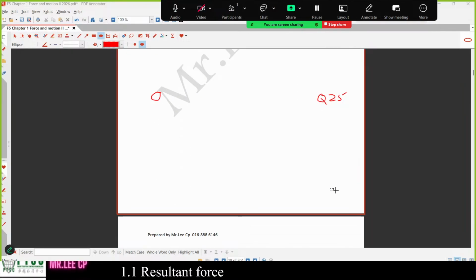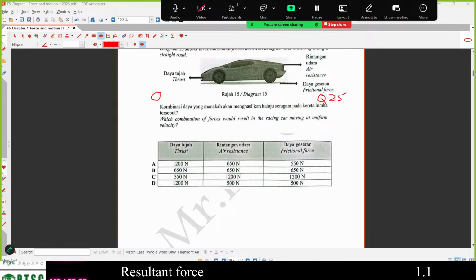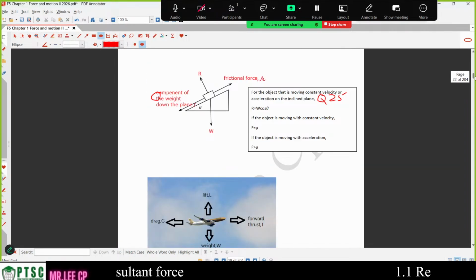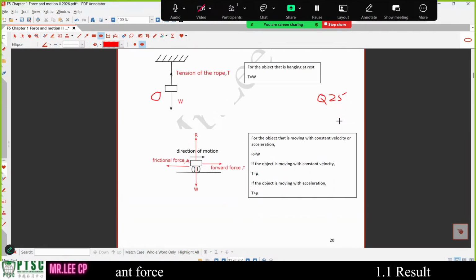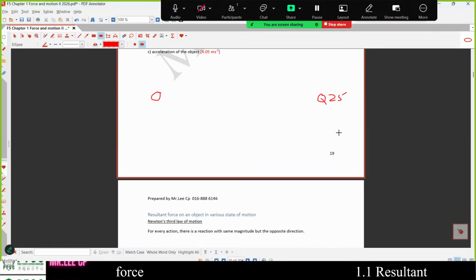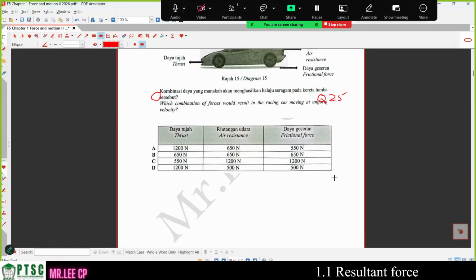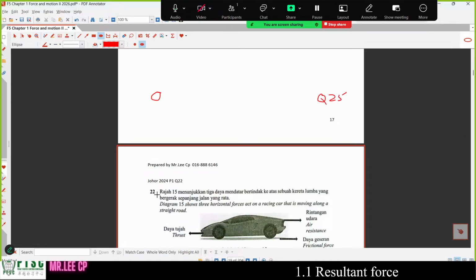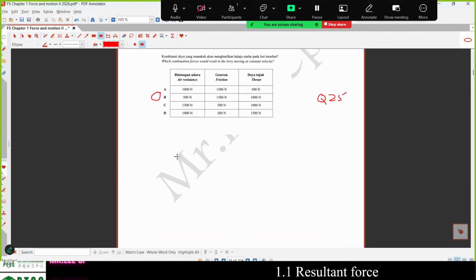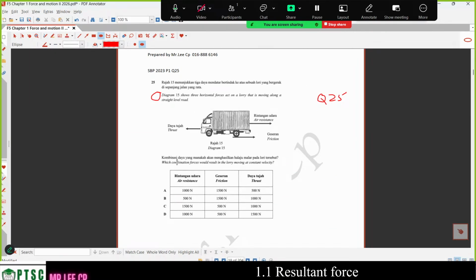Page 17 until page 18, 2 questions only: 25 and 22. Alright, I am coming back after we rest for a little while. See you guys later. Be right back.